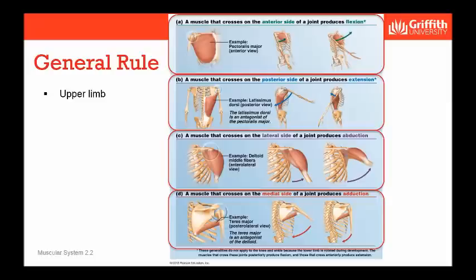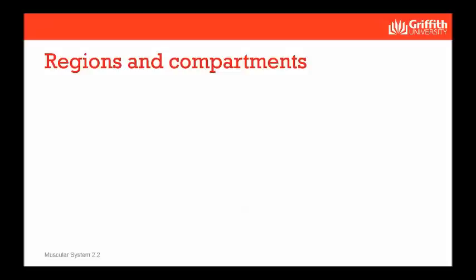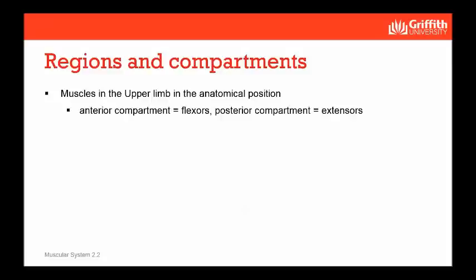This general rule applies for muscles in the upper limb, the thorax, the abdomen, and the hip. However, there are exceptions to this rule. Muscles crossing the knee and the ankle will be discussed on the following slide. As we saw in the previous slide, generally muscles in the upper limb held in the anatomical position can be compartmentalized as flexors in the anterior compartment and extensors in the posterior compartment.